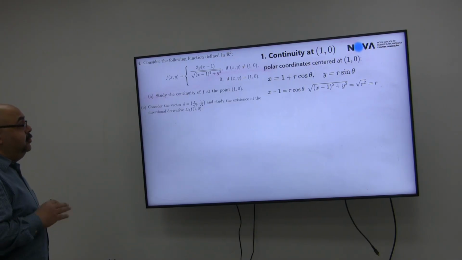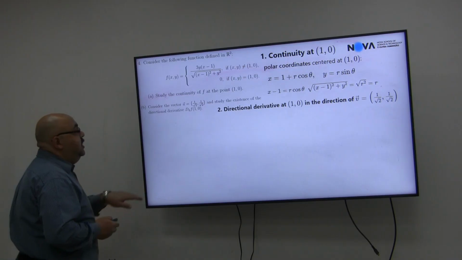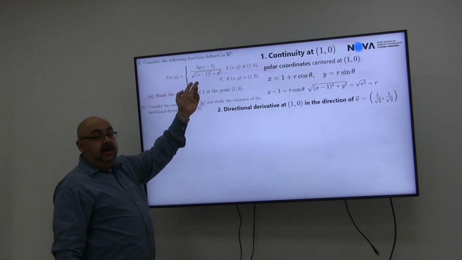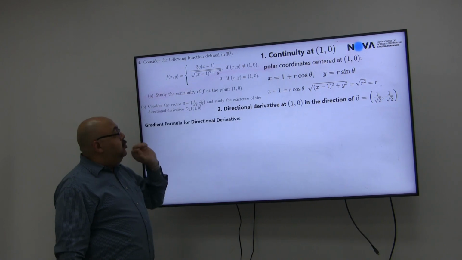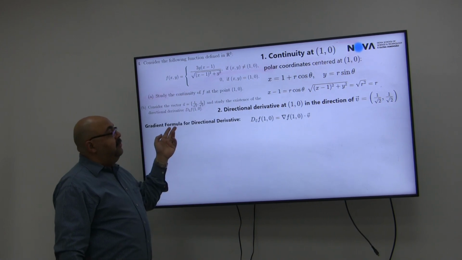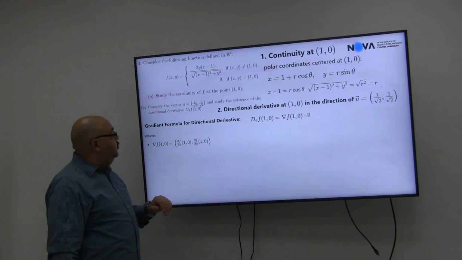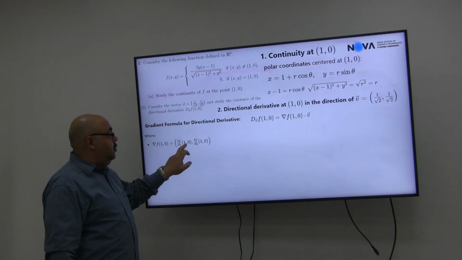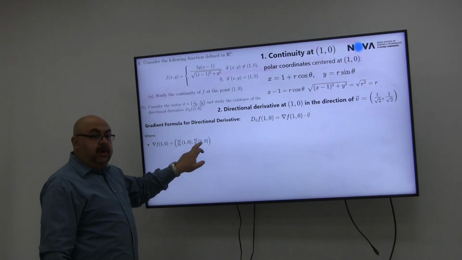Now I will need to go through the directional derivative. Since my function is a piecewise function, I will use the definition or the formula for the directed derivative. So now I will get partial f partial x at 1 and 0, and partial f partial y at 1 and 0.